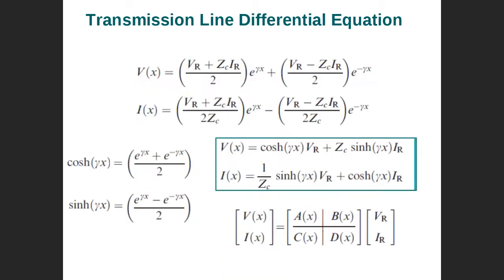Okay, we'll come to this in a moment. Now we can do this as a differential equation as explained in your textbook, but at the end we will have A of x. X means the length. So we start from 0 at the receiving end until L at the sending end.